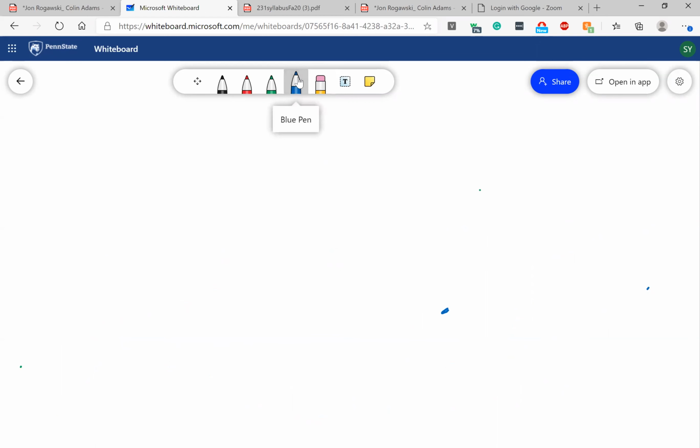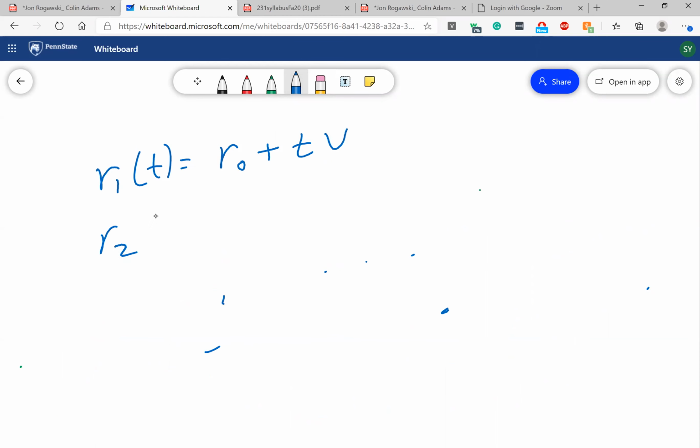So yeah, let's say I have two parameterizations. R1 of t is equal to R naught plus tV, and R2 of t is going to be equal to R prime naught plus tV prime.